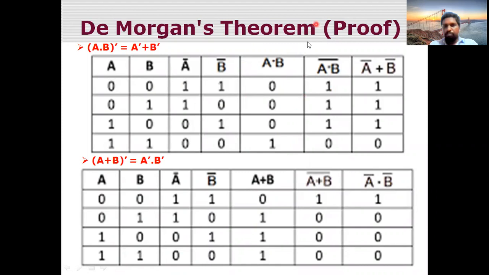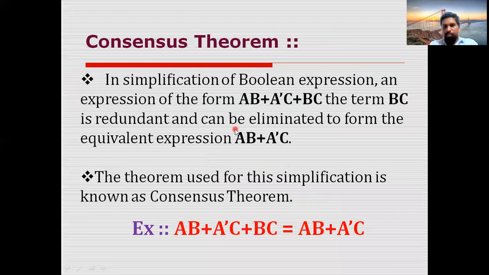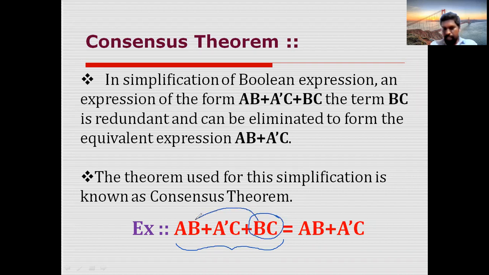Okay. Next. What is the consensus theorem? As per this theorem, suppose in a statement there is a term in which all the letters present in that term already exist previously. Let's see an example I have taken here. This term consists of literals where B is already repeated here and C is already repeated here.